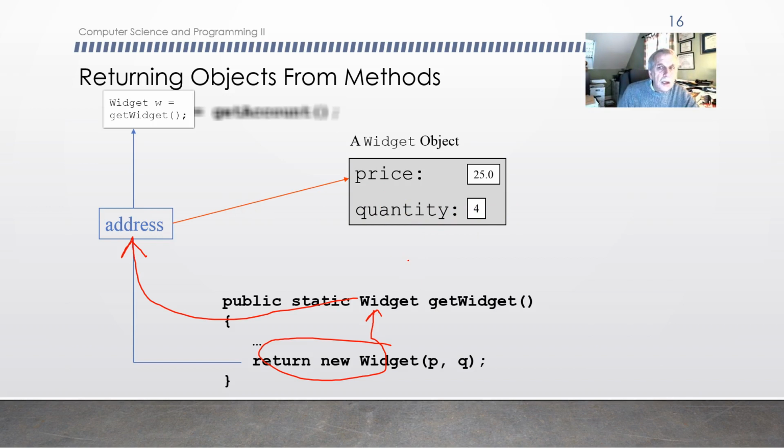So that's the detail of communicating with methods, dealing with arguments that are actually objects, or references to objects, rather than arguments that are primitive data types. Pretty interesting stuff, but it's a little tricky to grasp at first. But if you walk through the examples and think about it, hopefully this will make clear sense to you.